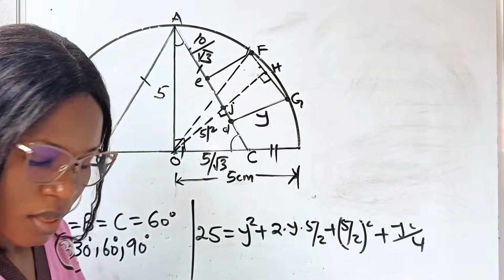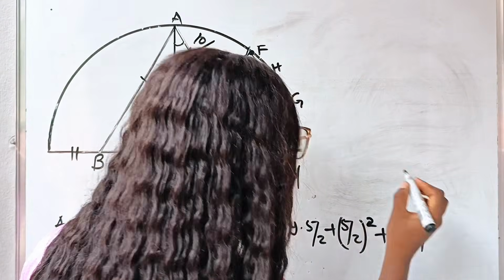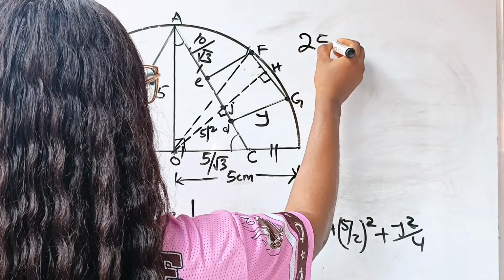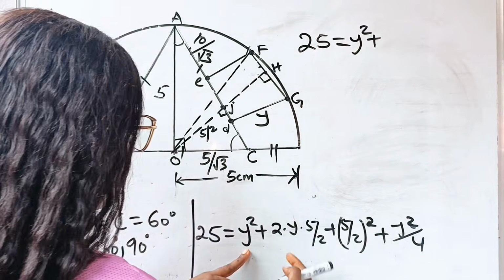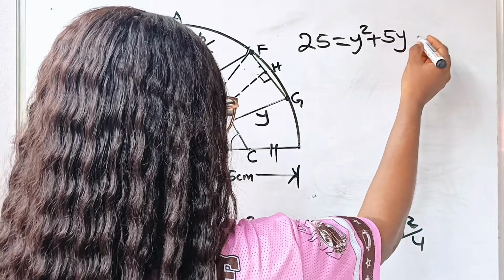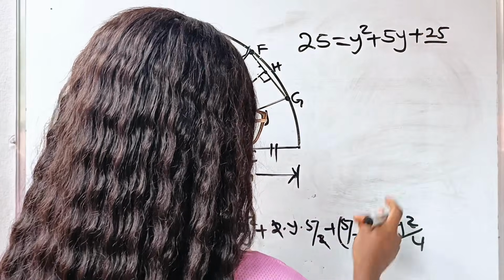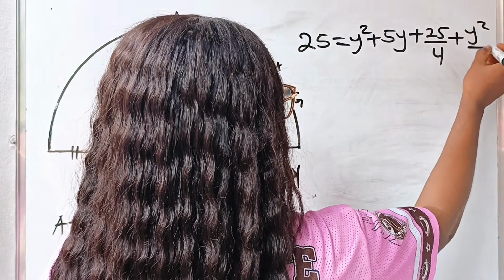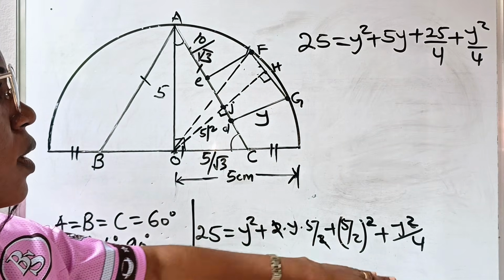Okay, moving forward, we will have 25 is equal to y squared plus, these two we remove, we have 5y plus 5 squared is 25 over 2 squared is 4 plus y squared over 4 as well. Okay, so this is what we will have.